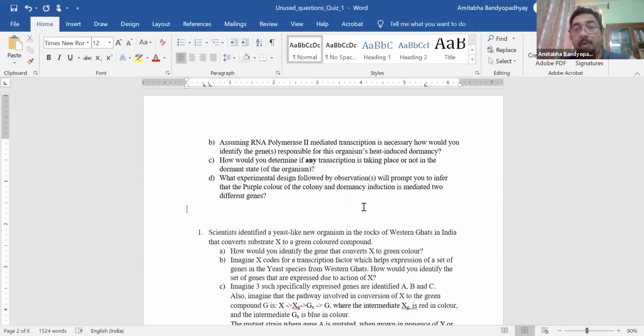That information we don't have in this question. Okay, got it. But Subhajit's answer will get you an unequivocal answer, because if after inducing the heat shock any transcription is happening, then it will incorporate radio-labeled nucleotide in the RNA. Right? Yes. Last question.